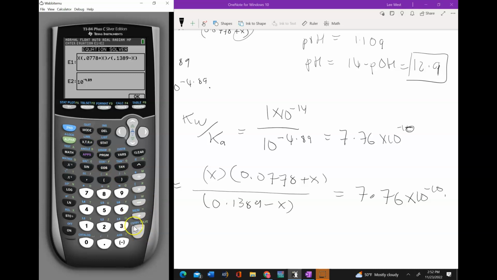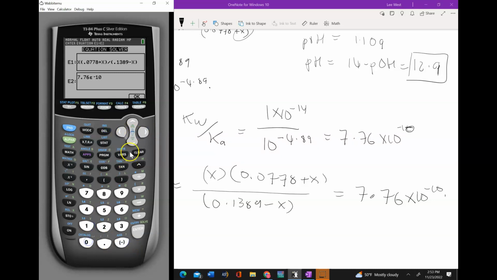Okay, that looks good. And then that's going to be 7.76 times 10 to the negative 10. Better delete the rest of it. Let's get this right. What a mess, huh? There we go.